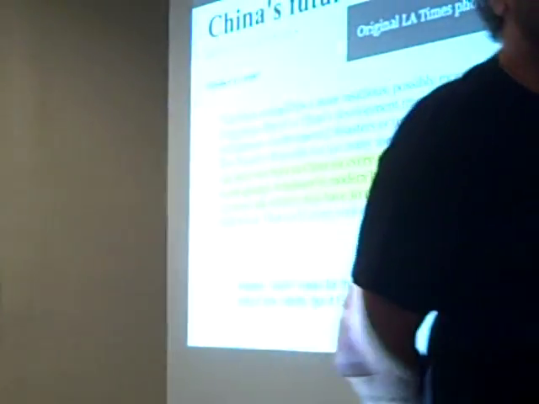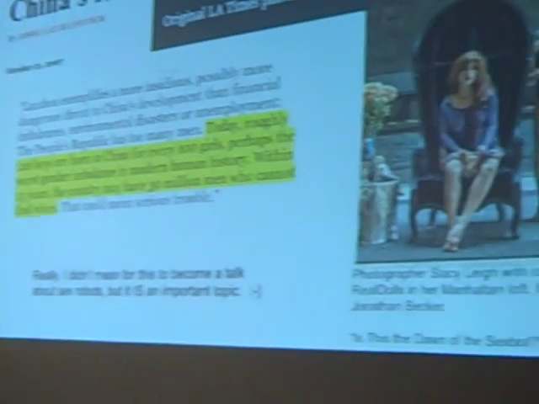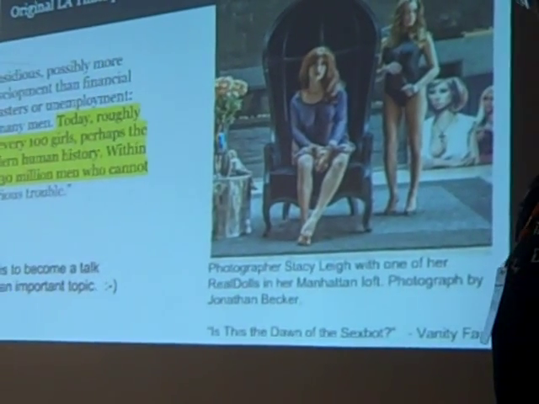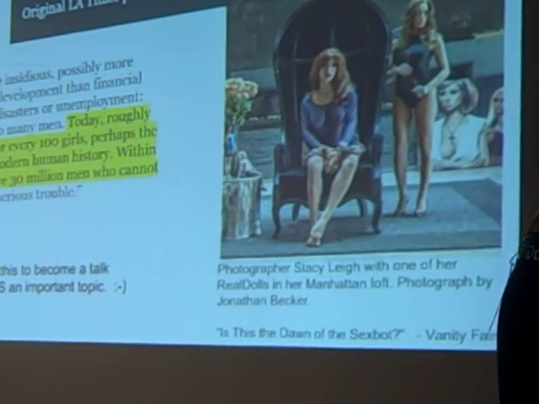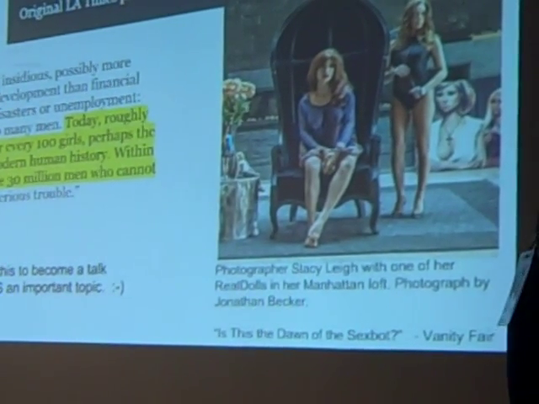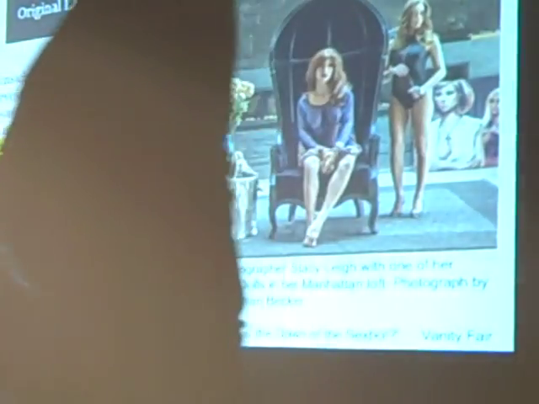I backed up a slide. I wouldn't normally use Vanity Fair as a source, but in this picture, one of these women is a doll that can be animated, and one of these women is the actual model. You've got to look for a while to figure out which one's which. Almost positive the one standing is the robot.